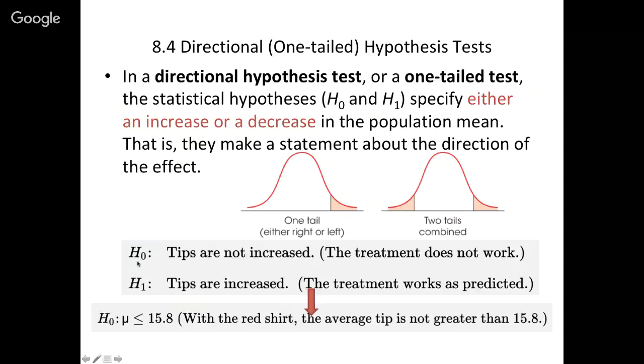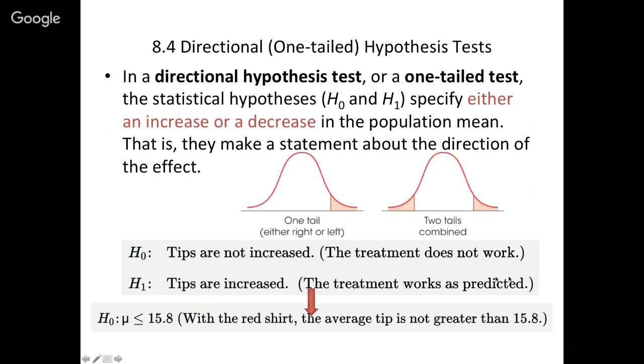So our hypothesis is the tips are not increased. Here we have the word increased in our hypothesis, so we define the direction of the treatment effect. And then alternatively, our H1 is the tips are increased.